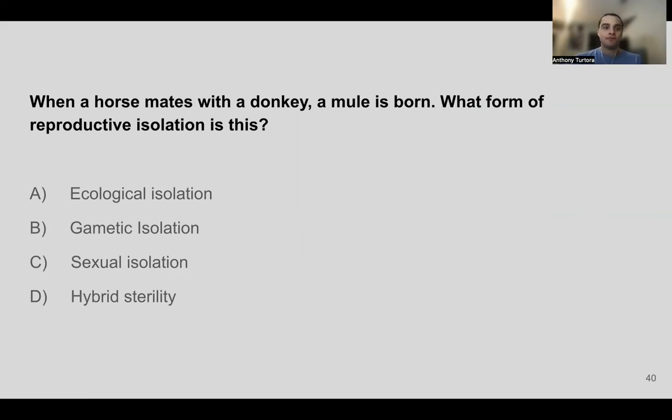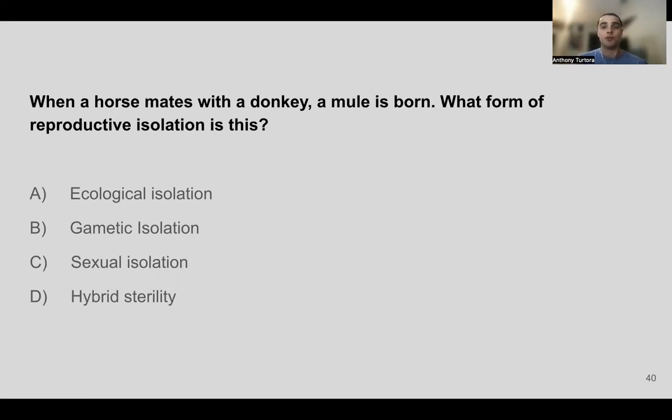All right. So the question here states, when a horse mates with a donkey, a mule is born. What form of reproductive isolation is this? All right. So going over A, ecological isolation, B, gametic isolation, C, sexual isolation, and D, hybrid sterility.